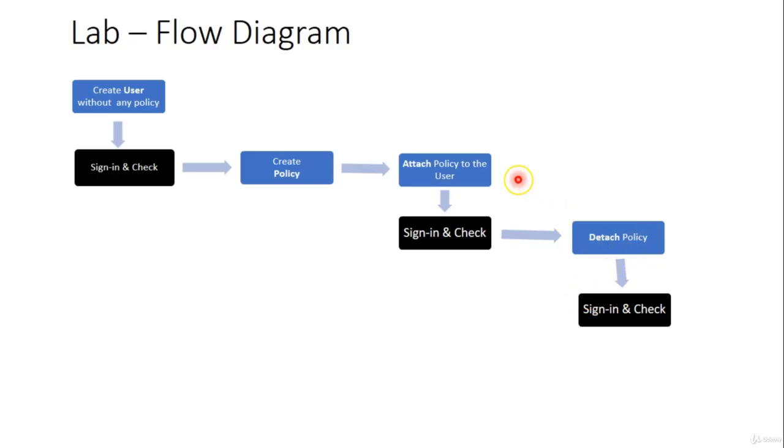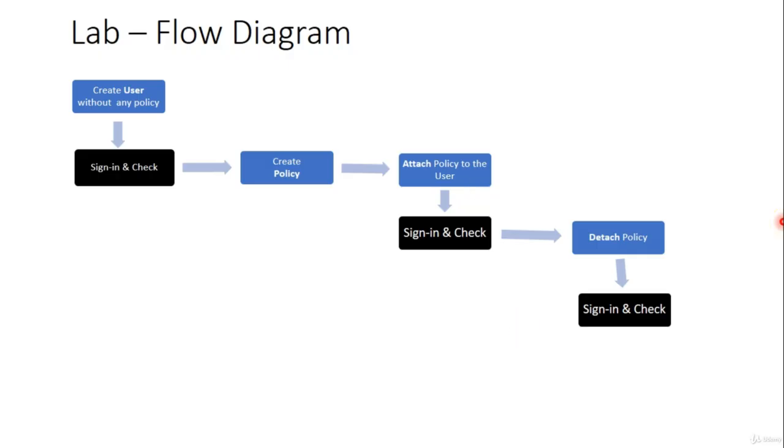Here you should note that this policy we will attach inline with the user. Earlier in the last demo we have seen an AWS managed policy. Here in this lab we will see an inline policy which will be attached directly to the user.